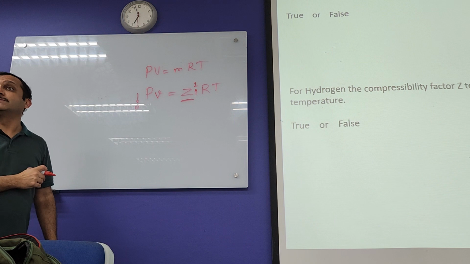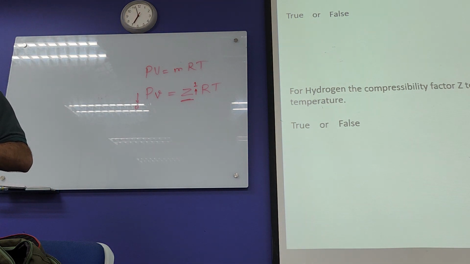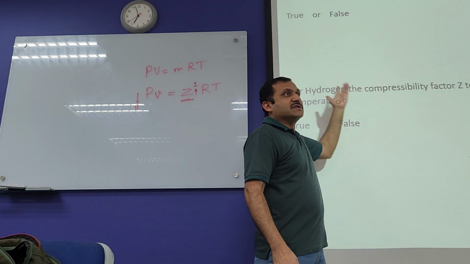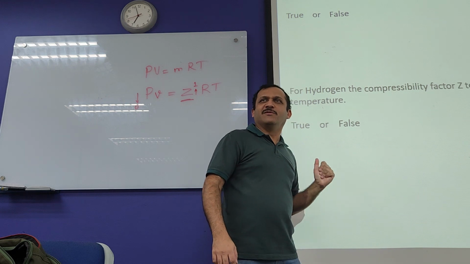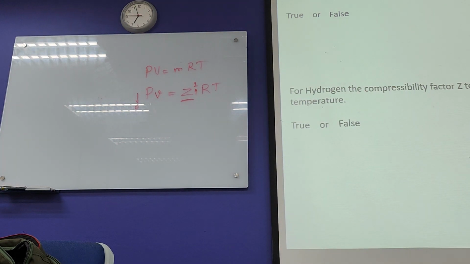Is that true or false? Hydrogen being a real gas to begin with. I can change the question and say, for oxygen, exact same, true or false? What do you think? And you have to tell me why it's false.